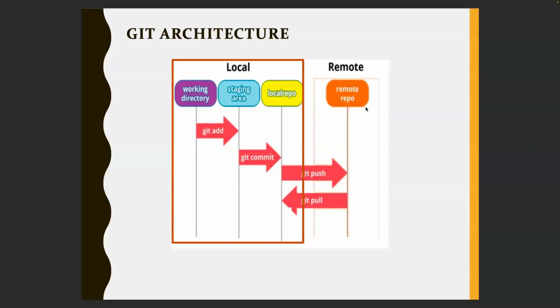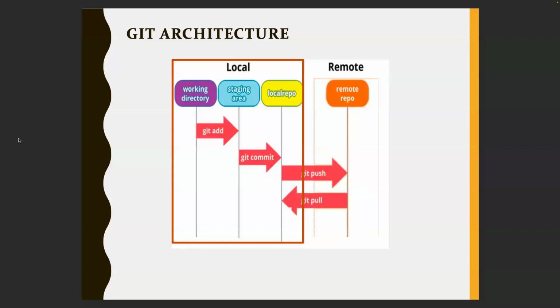There'll be a remote copy, or remote repository, from where they'll create this local repository. Local repository is going to be on my local computer, let's say. Now, if you want to make any changes, like we discussed, there'll be another folder called working directory, where you'll make changes.